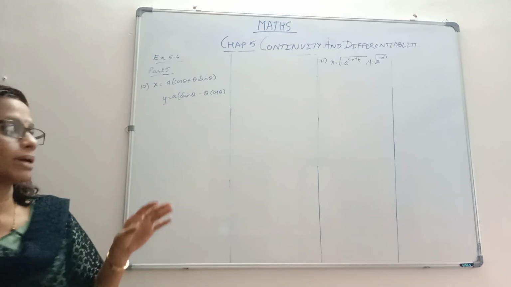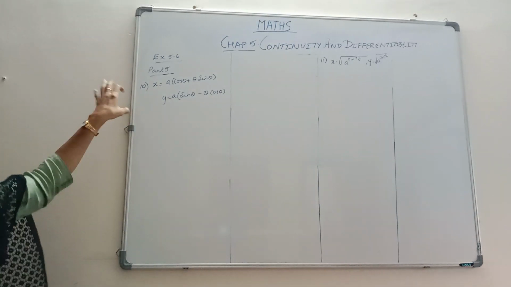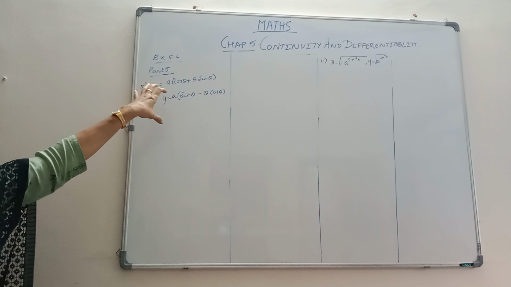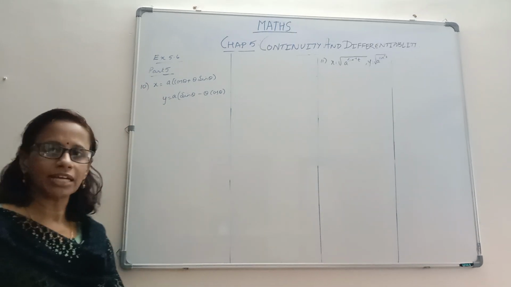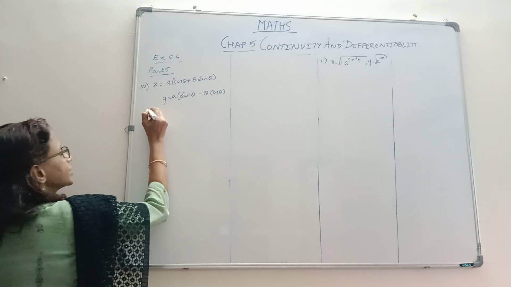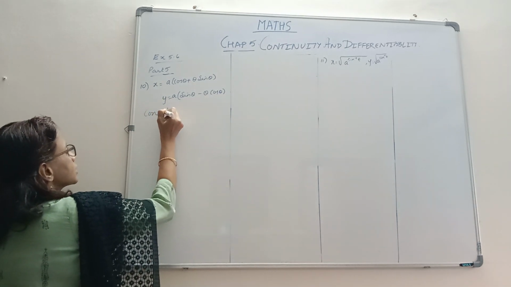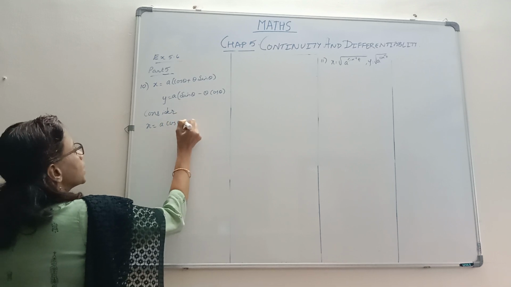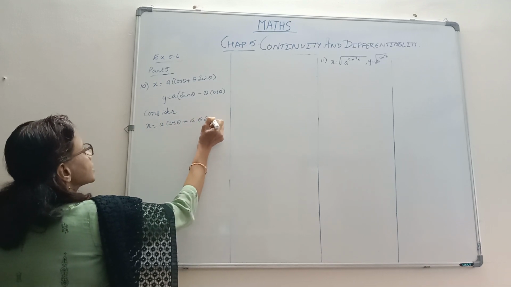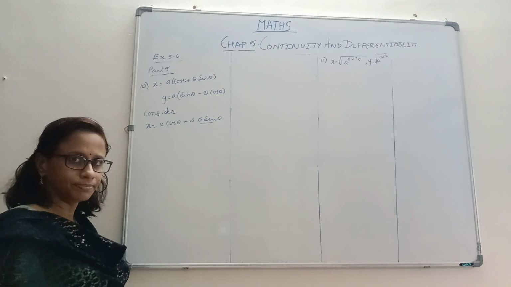So we have this problem number 10, which has some specific function for x and some specific function for y. So right away let's find the derivative as we always do. Let's consider the x first. Consider x as a cos theta plus a theta sin theta. There's a product here.